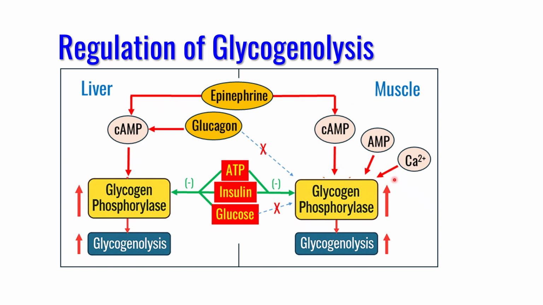In addition, AMP and calcium ion activate this process only in the muscle. They have no effect in the liver glycogenolysis. On the other hand, a high concentration of ATP, insulin and glucose inhibit this process in the liver, whereas only ATP and insulin inhibit this process in the muscle. Glucose has no effect in muscle glycogenolysis.